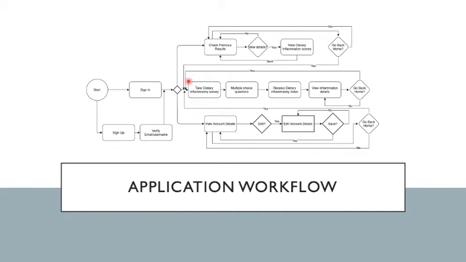The second workflow is the user's ability to check their previous results. Once the user sees a timeline of the results, they can either select individual results and view details of those scores, or they can use a scroll view to see results going back in time as far as they have it.